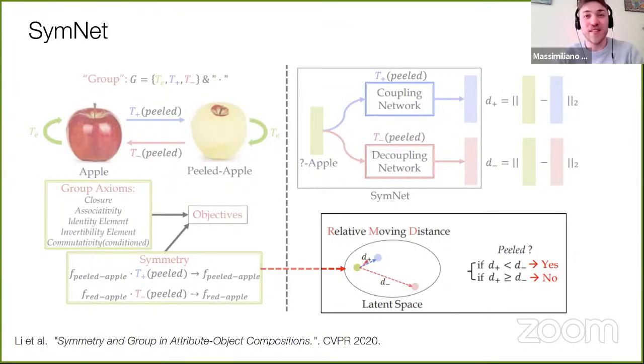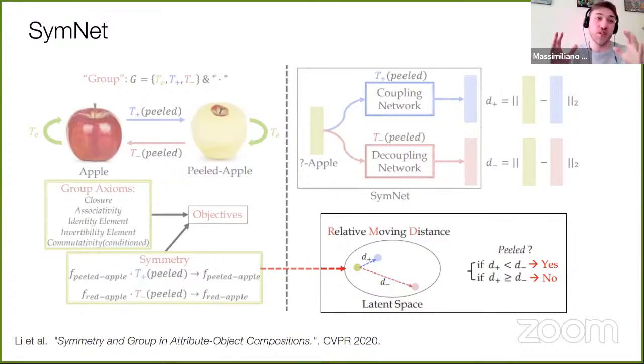If you add this attribute and it doesn't move the representation of the image much, it means that probably the attribute was present. And if you take out the same attribute, the distance now grows and is large.